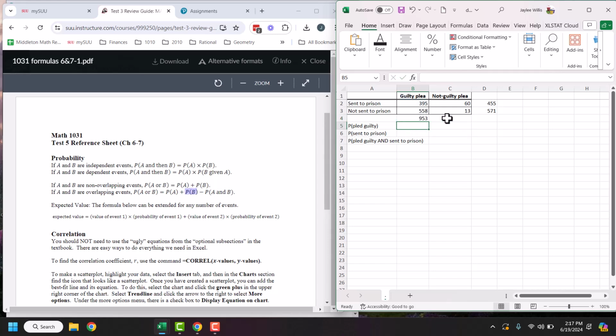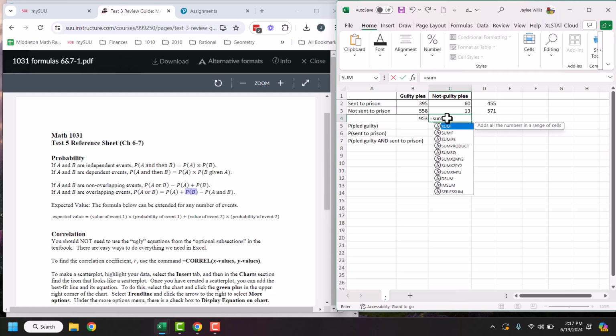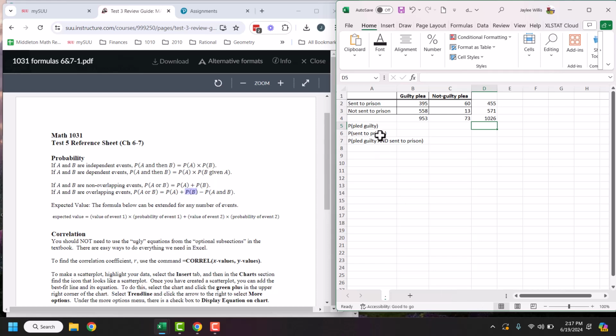The number of people who pled guilty is 953. And the number of people who did not plead guilty is 73. And then if I add up all of these together, that's going to be my 1026.